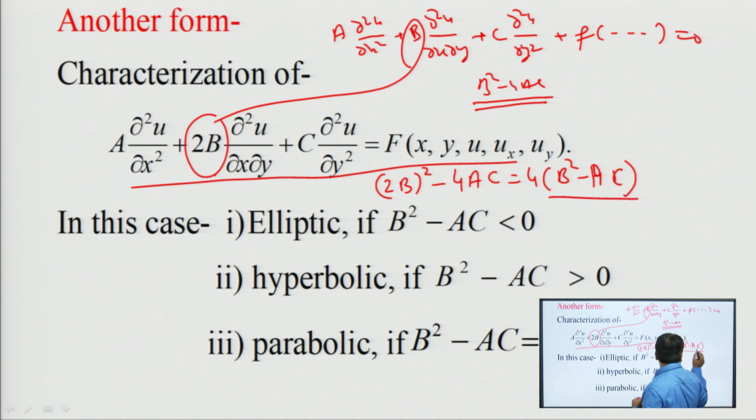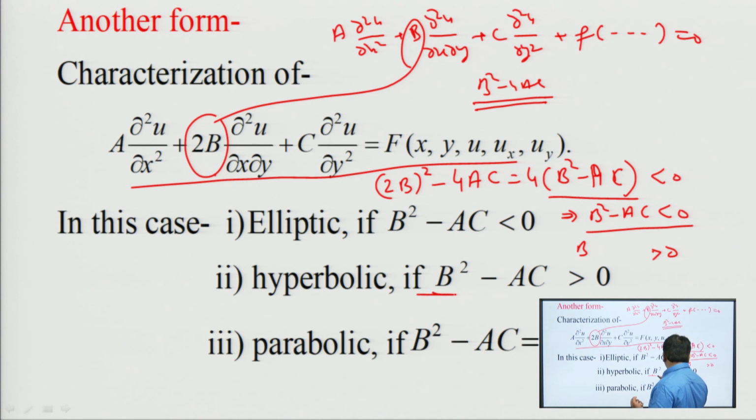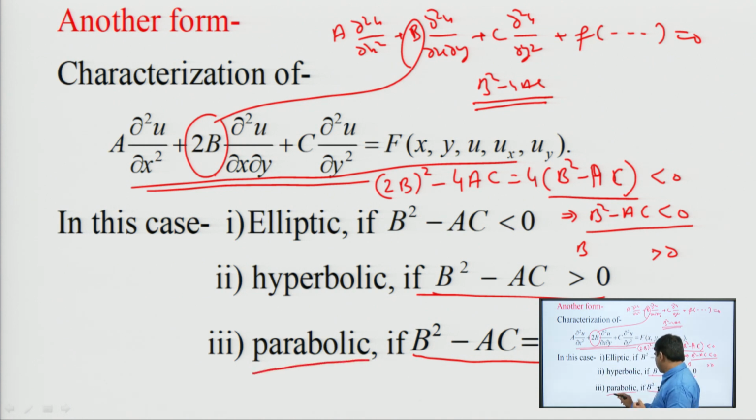If b square minus ac is less than 0, then this differential equation is elliptic. If b square minus ac is positive, then it is hyperbolic in nature. And if b square minus ac is equal to 0, then it is parabolic in nature.